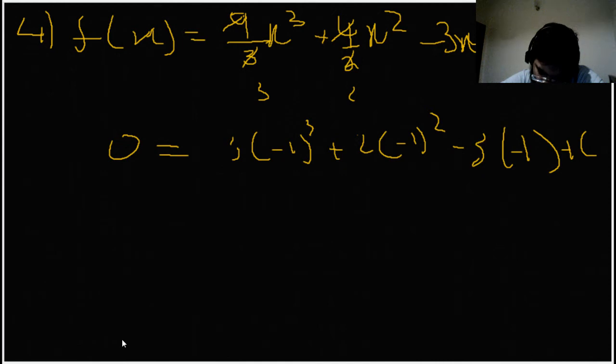And so then 3 minus 1 squared plus 2 minus 3 minus 2, c is equal to minus 2.